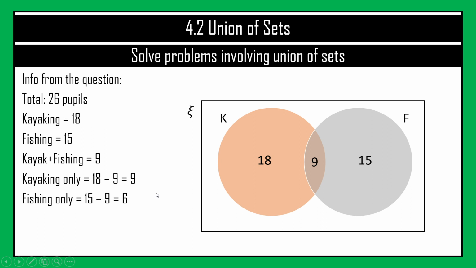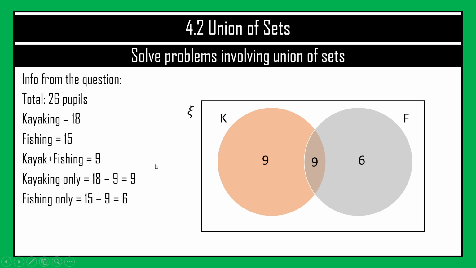Now let's change the figure on the Venn diagram. Okay, now we got 9 for kayaking only, and then intersection we got 9, as well as 6 for fishing only. So you do notice that the word only brings a difference in our calculation.